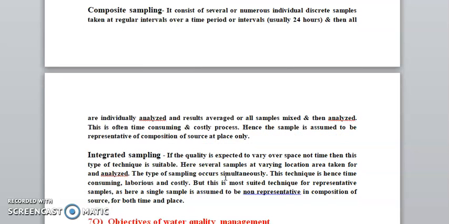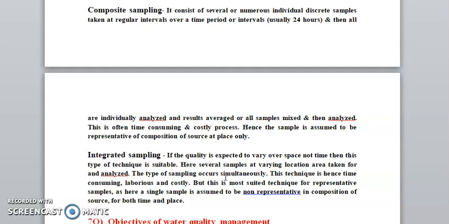Now we go for integrated sampling, the third process. If the quality is expected to vary over space, not time, then this type of technique is suitable. Several samples at varying locations are taken and analyzed.